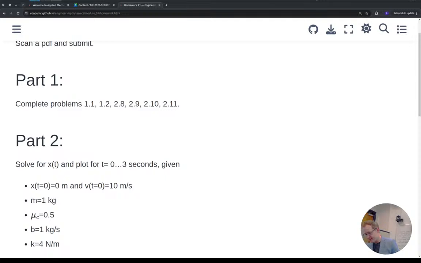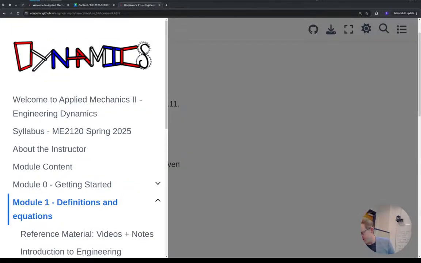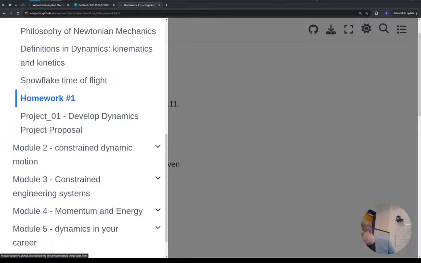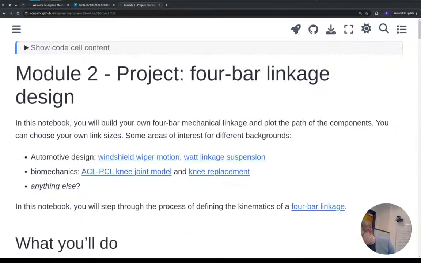So we'll do that. Then the last step, for module 1, it's a little different. We're going to do a project proposal, but for the module 2 project, we'll open this up and in class look at a 4-bar linkage and show what the steps of the analysis are and how we can change the design and actually do some engineering work.